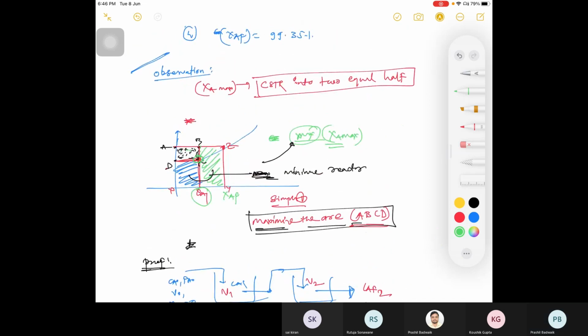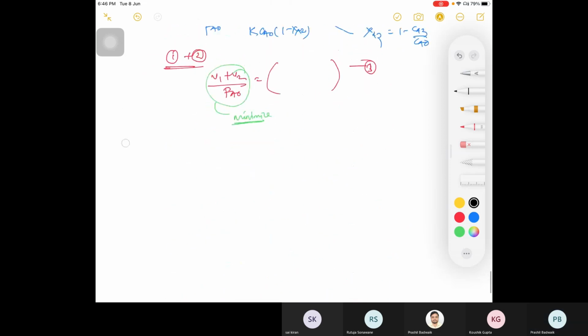How will you do it? I need to decrease the reactor volume and increase the area ABCD. So I need to change this Xa1, right? I need to choose this Xa1 in such a way that I get ABCD as maximum.